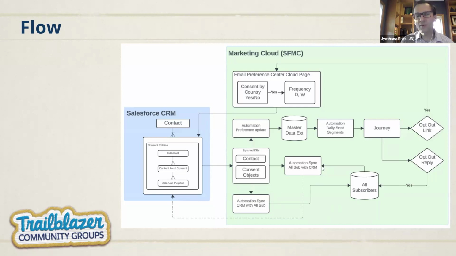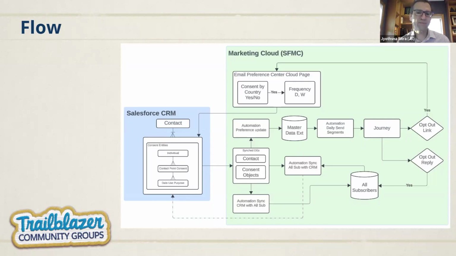And then we covered the second one, which is the automation and/or journey that you can use when All Subscribers is the preferred subscriber preference, and then update that consent model using either that script activity or Journey Builder.